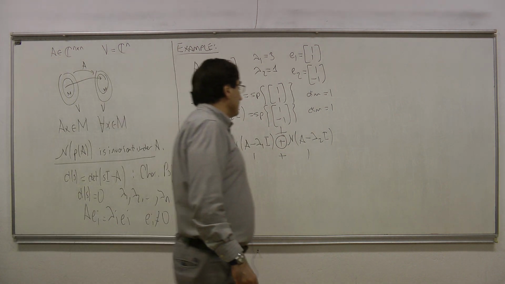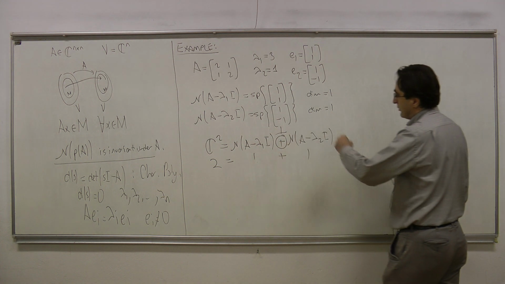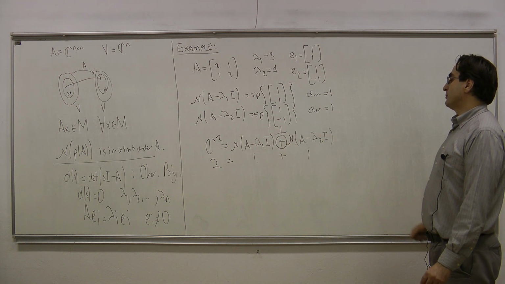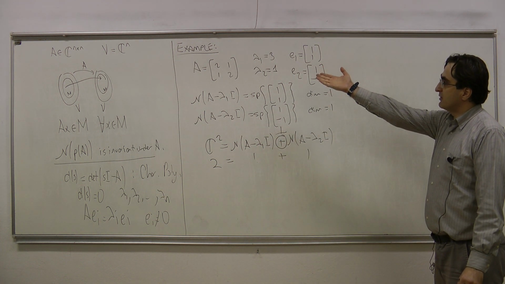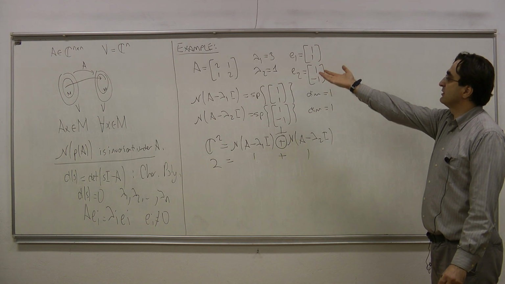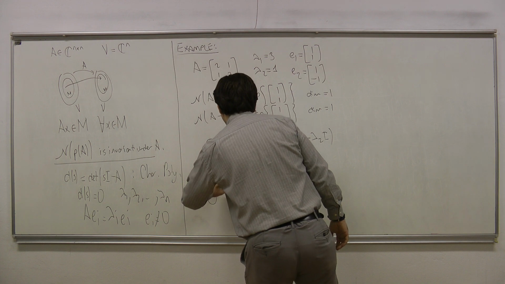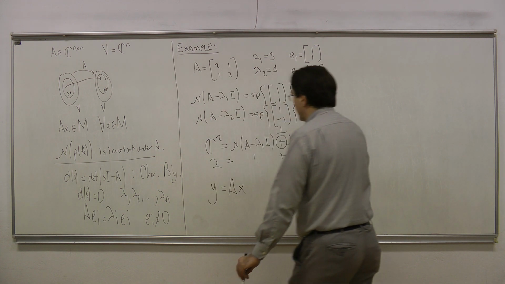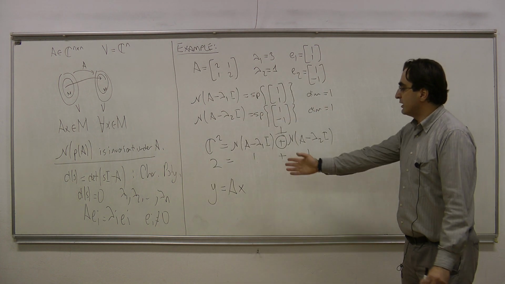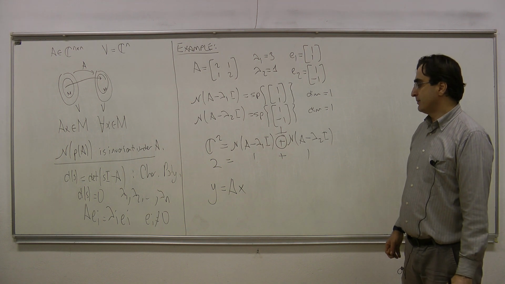So here, how can we use such a property in order to obtain a simpler representation for A? I know that this A is a linear transformation, and it is given like this. Y is equal to AX.